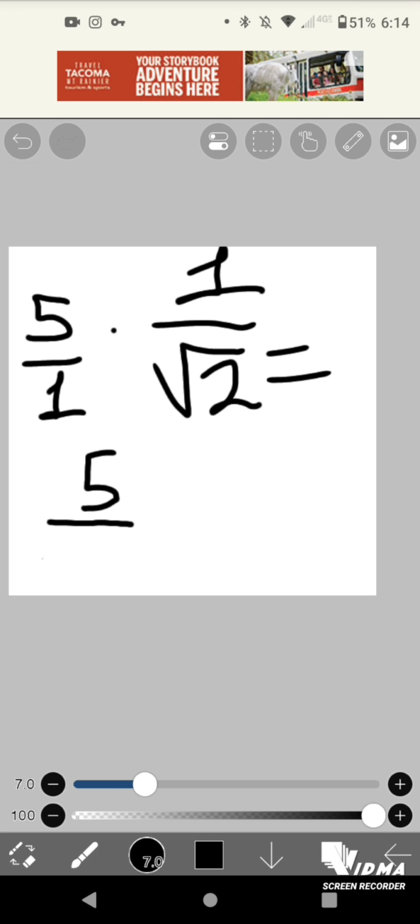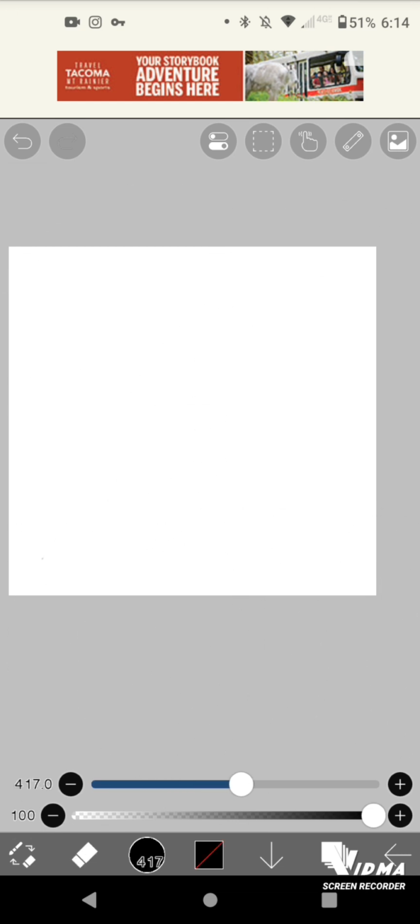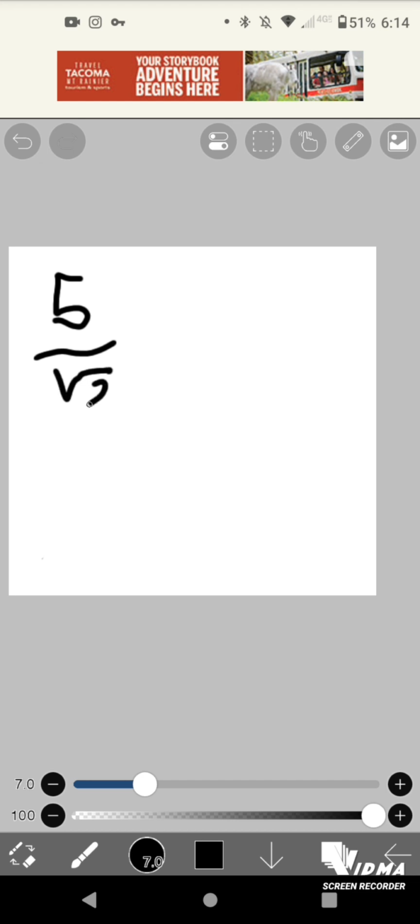Well, it's 1 times the square root of 2, which is just square root of 2. Now we have a bit of a problem here. We technically aren't supposed to have square roots in the bottom of the fraction, the denominator.